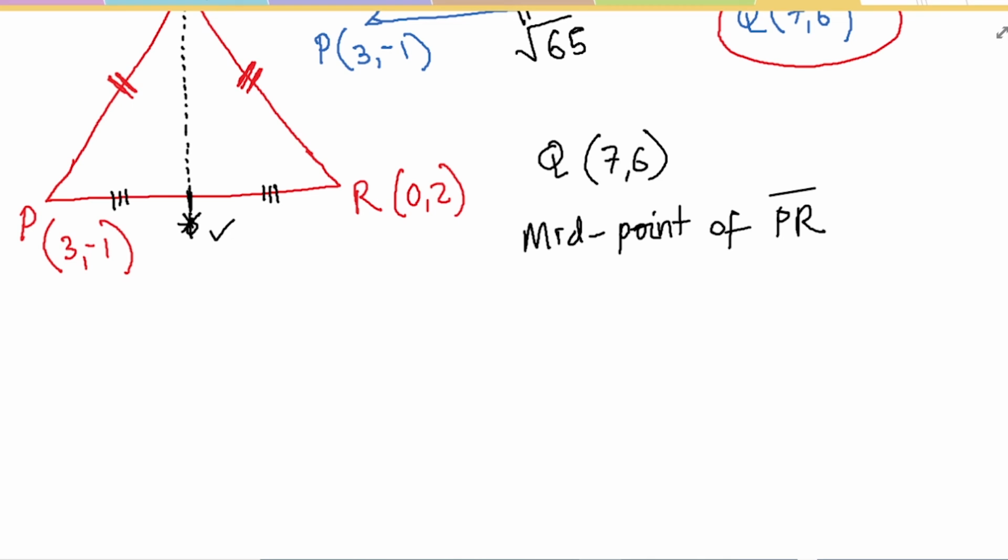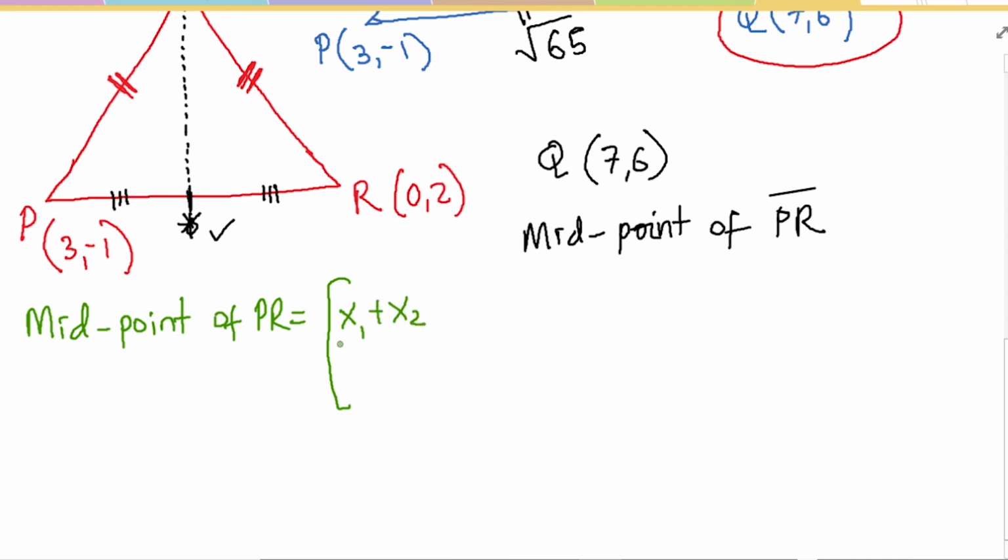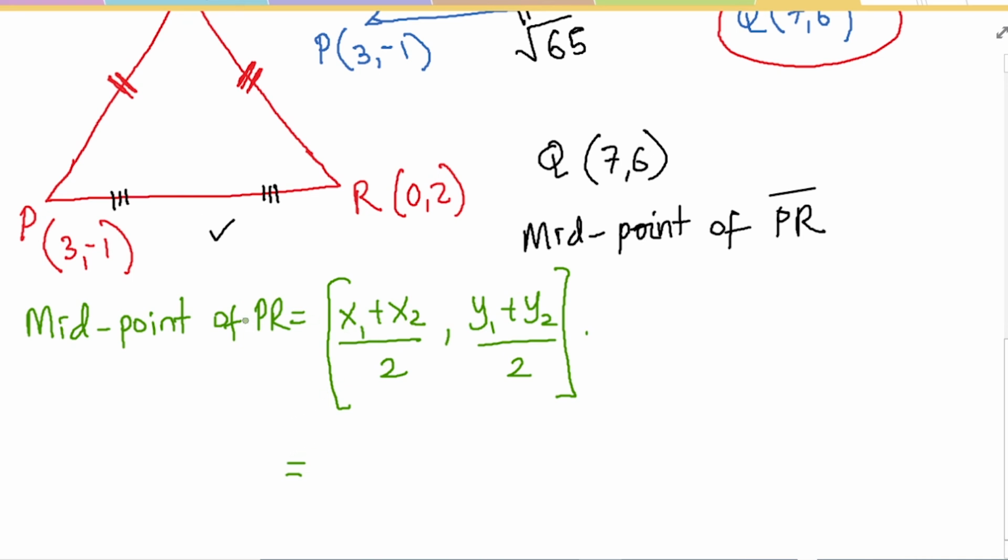So we know that the midpoint of PR is given by (x1 plus x2) divided by 2, comma, (y1 plus y2) divided by 2. That's how we get the midpoint. Of course we are moving from P to R, so this will be our x1, y1, and let's call this x2, y2.